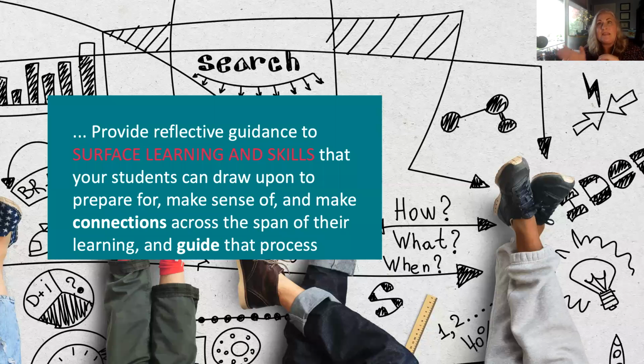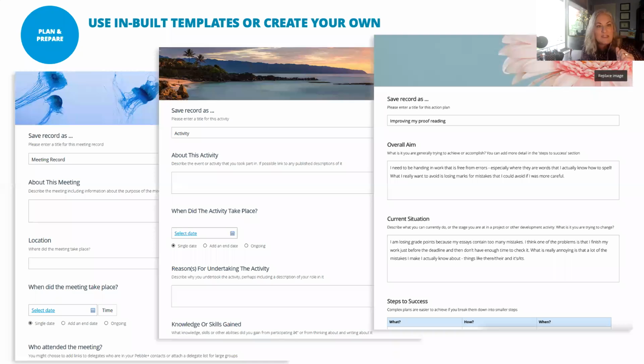So we needed a system that would provide guidance to surface learning skills all across the program, the course, the degree experience. And that is where the additional tools in the system come in very handy for the support of that process. I like to think of it as a folio thinking process, right? Habits of mind. So not only can the students build the portfolios, but the system has a series of inbuilt templates that are ready to go.